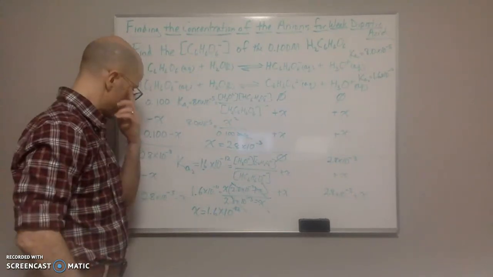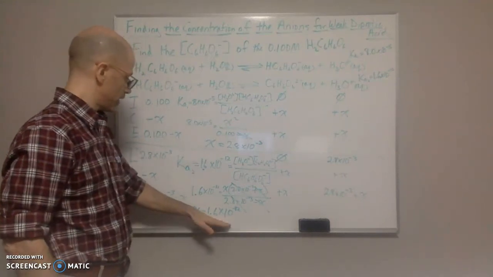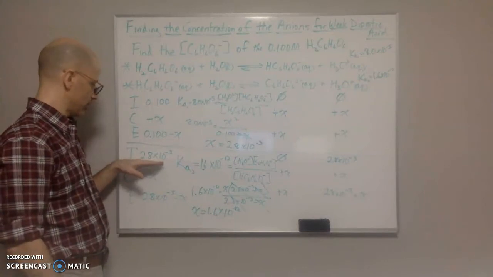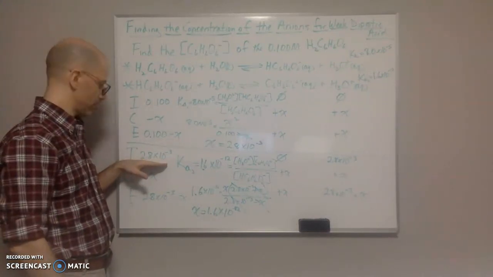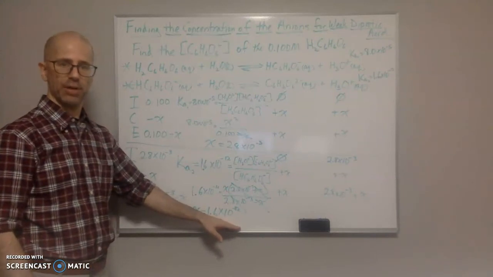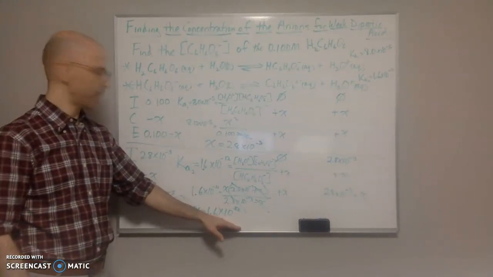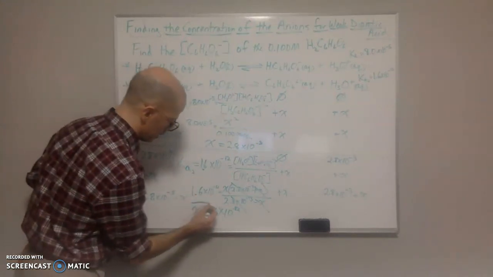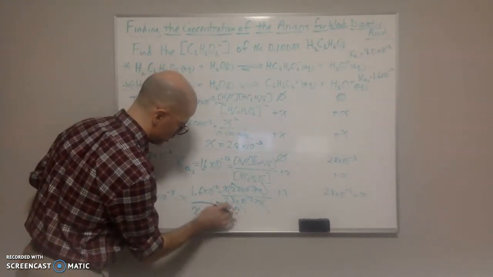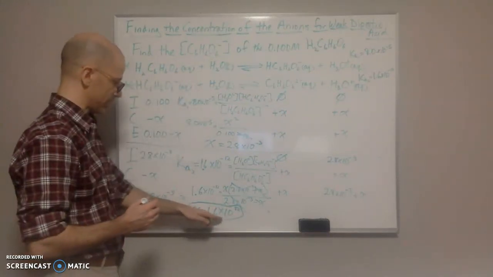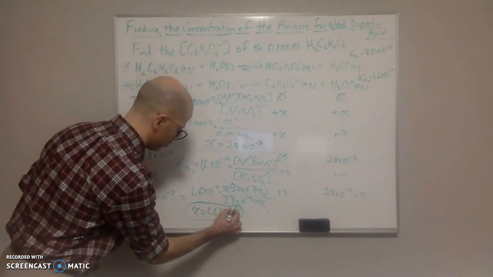And of course, if you take this, divide it by the original concentration, multiply that by 100, that's going to be much, much less than 5%. So this is valid. So X is equal to 1.6 times 10 to the negative 12.